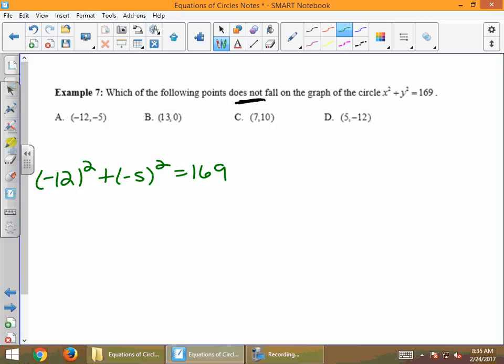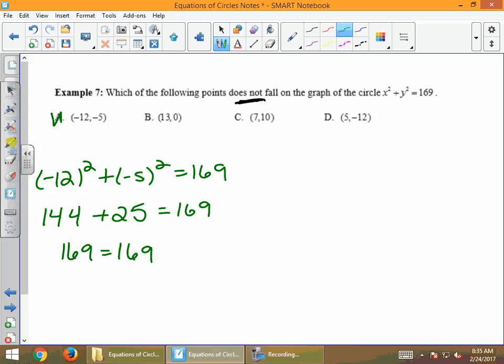Well, negative 12 squared is 144. Negative 5 squared is 25. And when you combine those, you get 169. Is equal to 169. So we want one that doesn't fit. That one does. So we're going to cross it off.